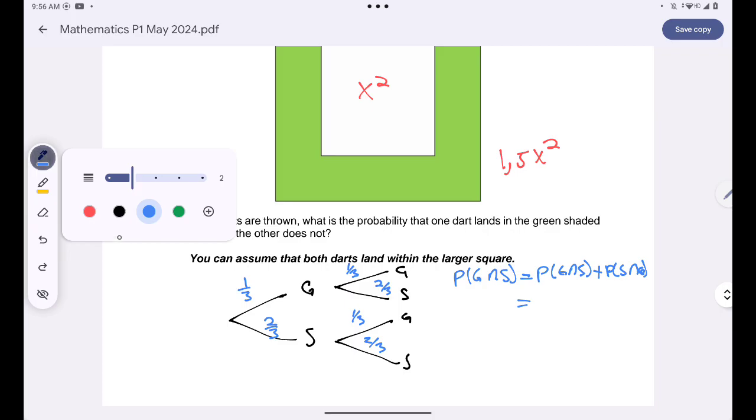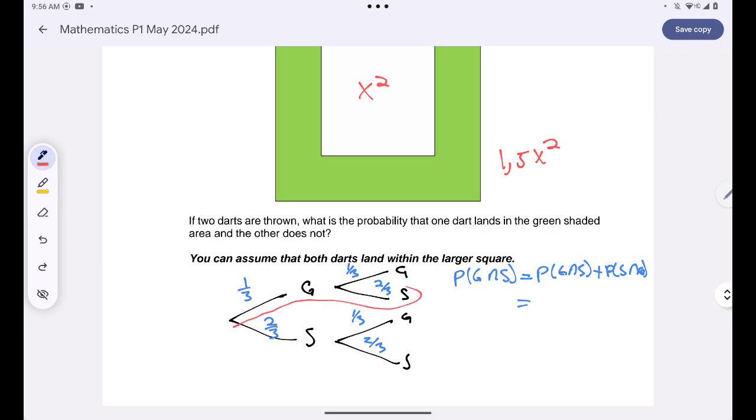So I'll just focus on these two tails. I will simply get 1 over 3 multiplied by 2 over 3 plus 2 over 3 multiplied by 1 over 3. This will give me 2 over 9 plus 2 over 9, right? I'll get 4 over 9.